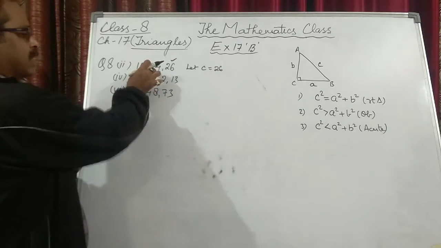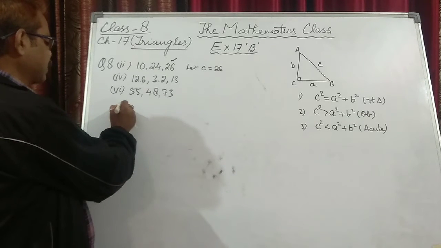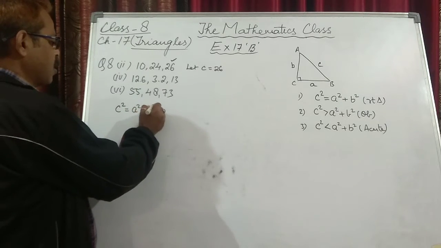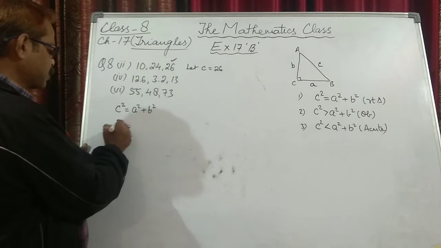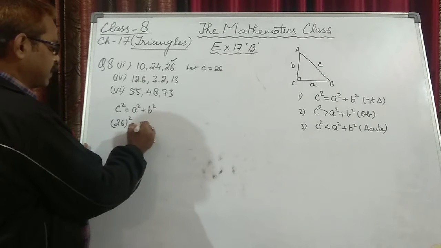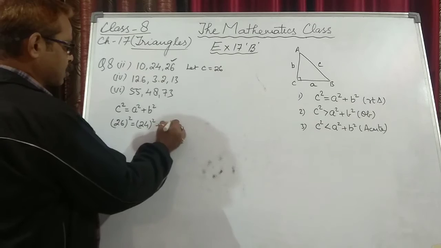Obviously the other two sides, one will become A and one will become B. So we will check whether my C square is equal to A square plus B square, or it is greater or it is smaller, whichever. Now C is 26. So we will put 26 square equal to 24 square plus 10 square.